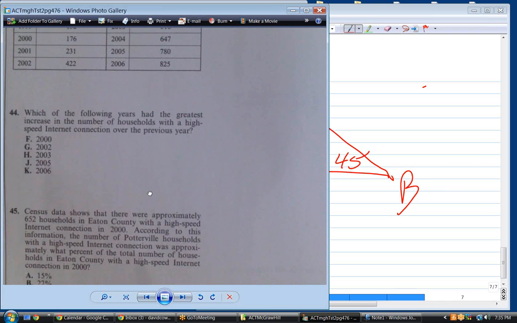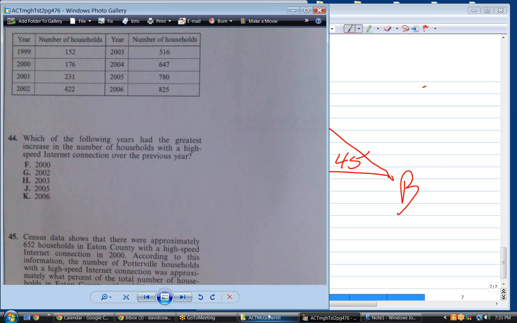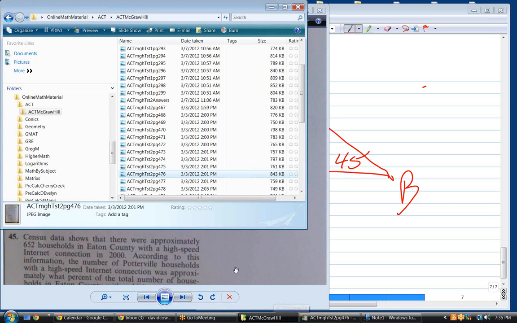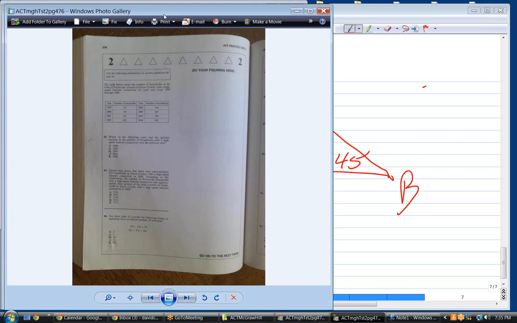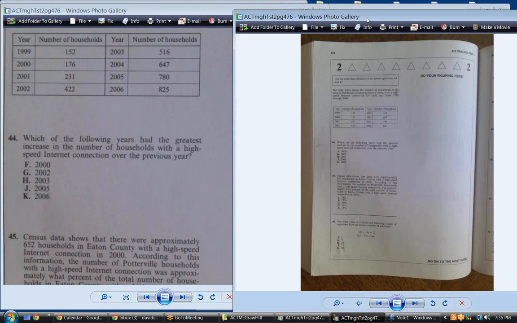Okay, let's see here. Let me open this up twice, so we can see the table and see the question at the same time.